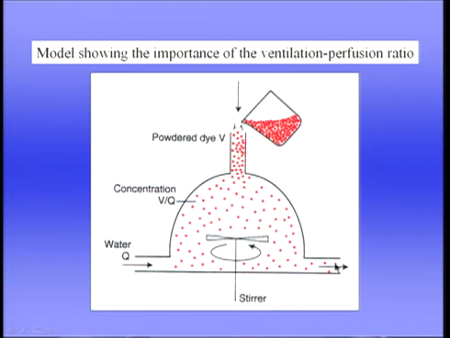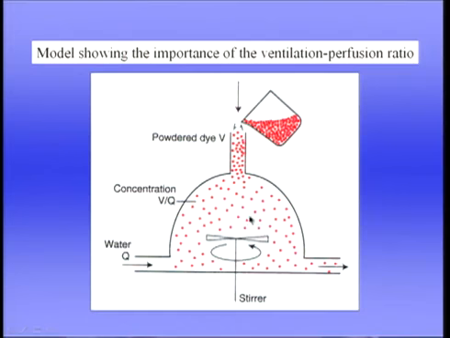And of course the effluent blood has the same concentration as the alveolar gas. And incidentally, in the whole of this session, we're going to be assuming that there is no difference between the partial pressures in the alveolar gas and the end capillary blood. In other words, we're assuming there's no diffusion limitation, and that's certainly a reasonable assumption for the topic we're dealing with here.